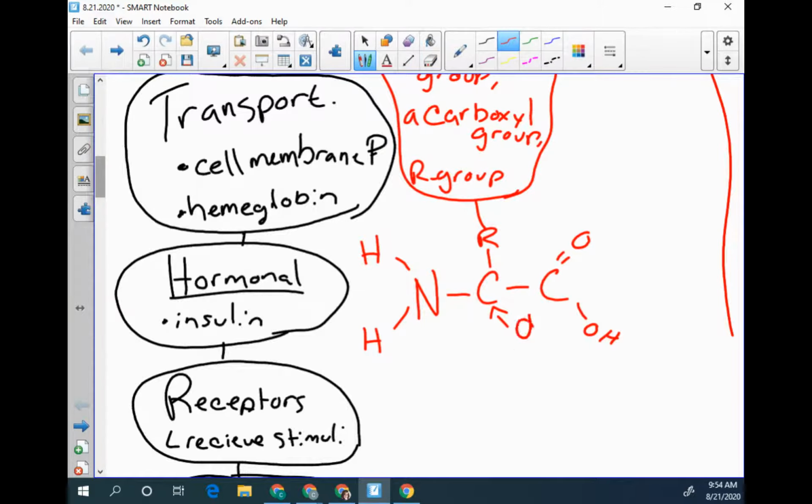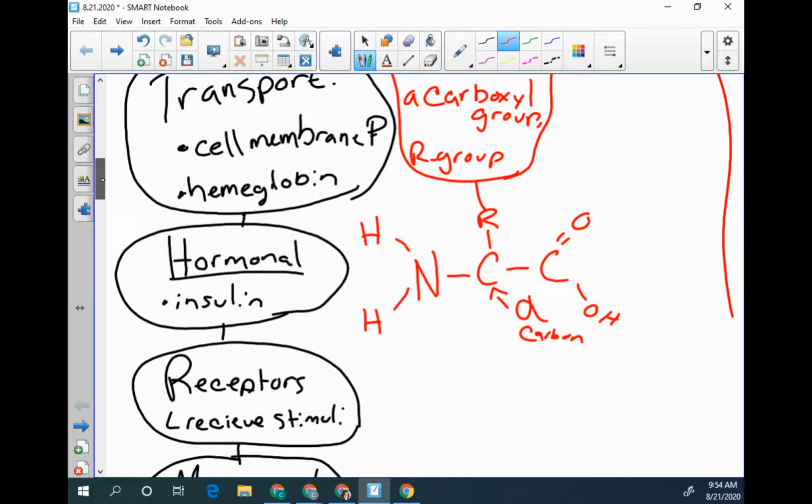They named it that because it's the central carbon on every amino acid. It's the one thing that the amine group, the carboxyl group, and the R group all branch off of.